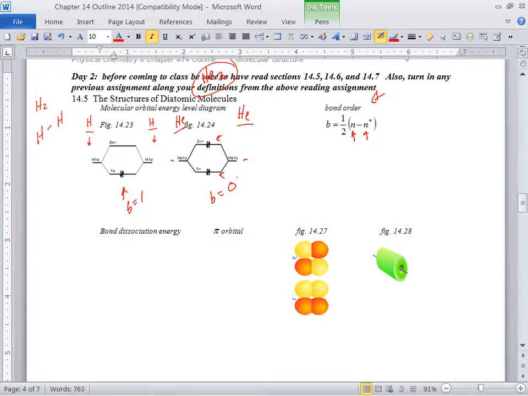I don't know why we're rehashing this, but that's where you have a nodal plane between the overlap. Overlap here, overlap here, there's nothing here. I tried to draw a plane, my idea of drawing a plane, this flat rectangle. There's a nodal plane between the overlap. And finally, they gave us a nice picture of a pi orbital. It's actually a cylinder.